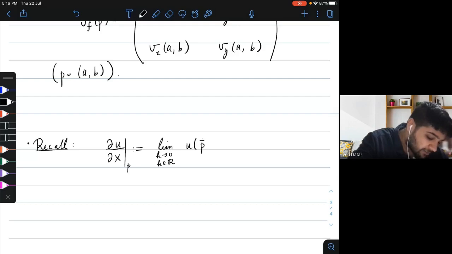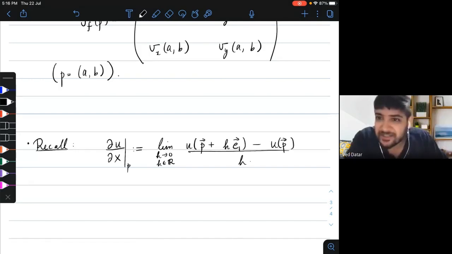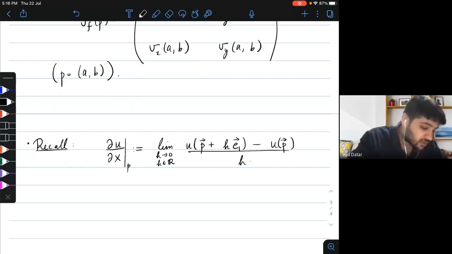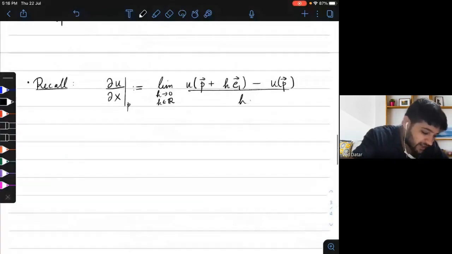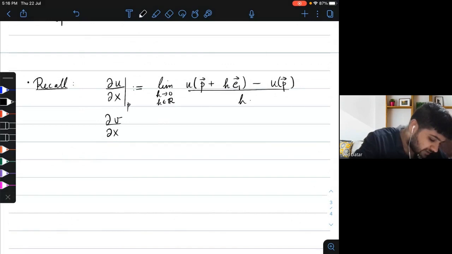So you take this vector p plus h times this vector e1 minus this, right? Do you agree that this is the definition of the first partial derivative? Right? Yes. Right. So similarly, del v by del x is basically just this.